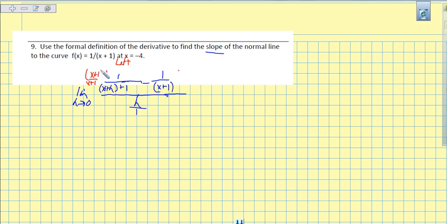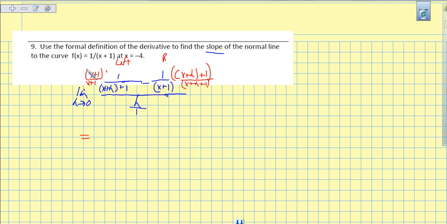Try that again. And this right-hand fraction over here, I'm going to multiply it by the denominator of the first one, which is x plus h plus 1 over x plus h plus 1. And then let's see what we get.